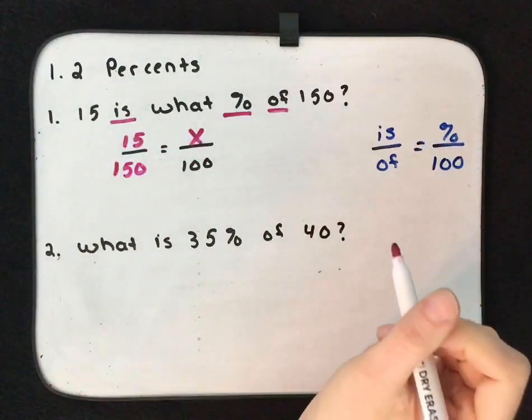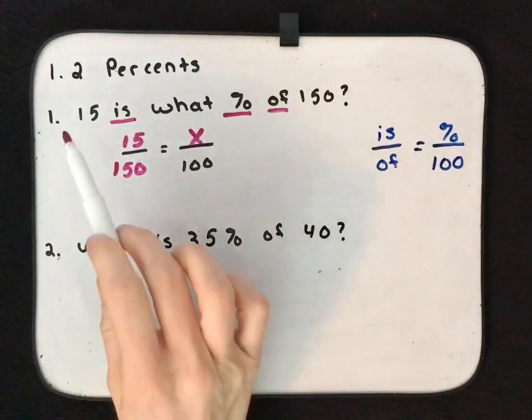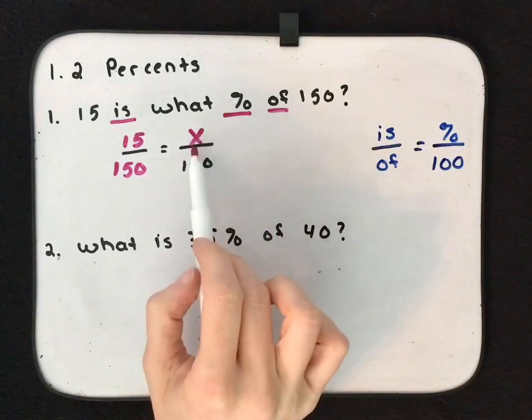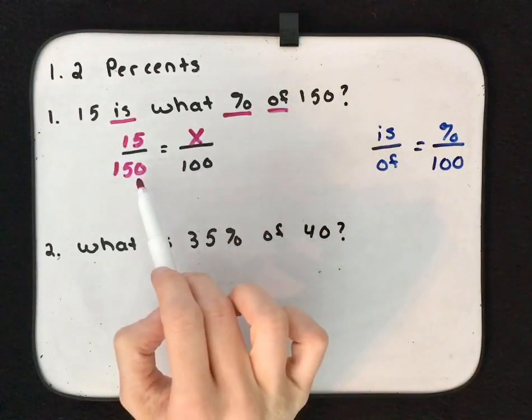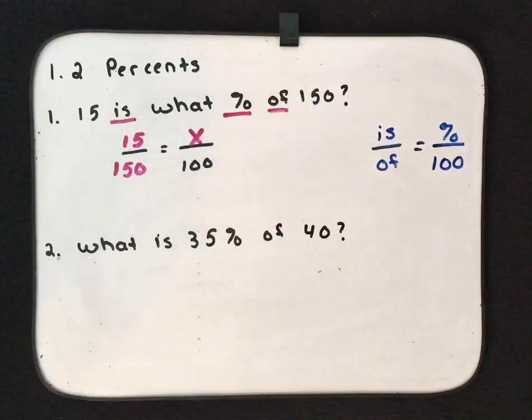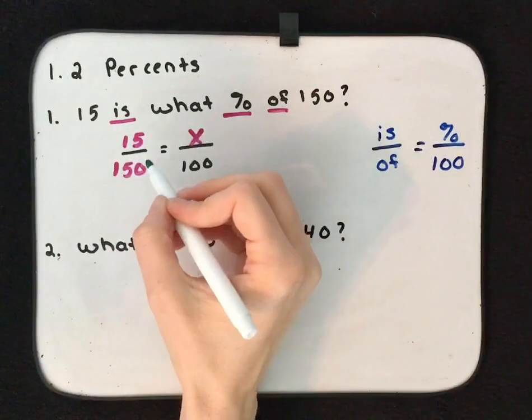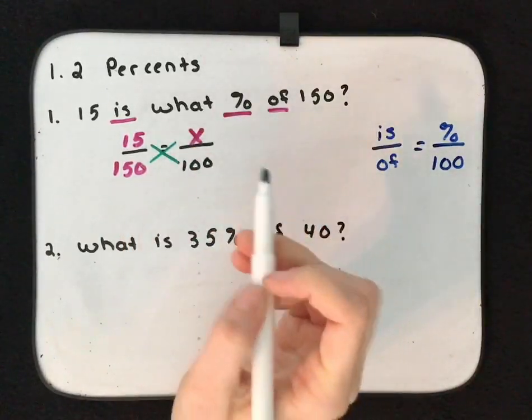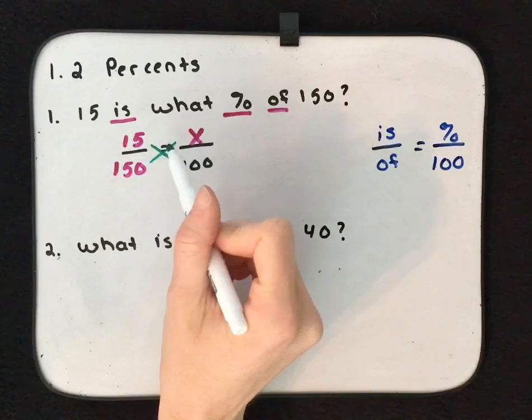So let's read it again and make sure we have everything in the right spots. 15 is, what percent, which represents the x, of 150. There we go. So now, in order to solve, we can cross multiply. When you cross multiply, you draw a big X through your question like this, and you multiply the pieces that are on the end of the same line.